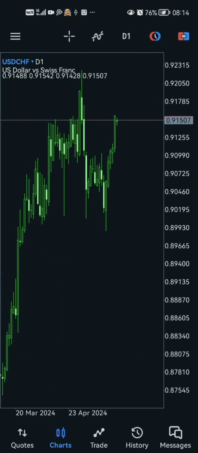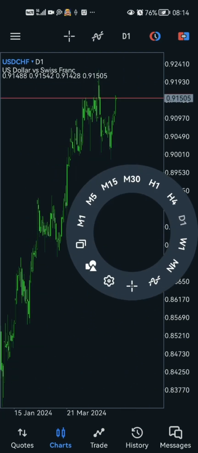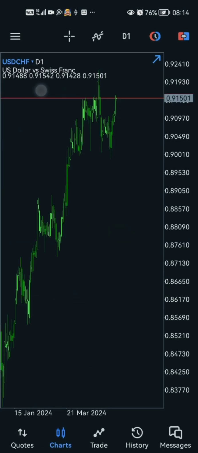So when I looked at the daily time frame, check this out. I want you to notice how the market has been going on a steady rise. It comes up, it's rally base, rally base, rally base, rally. You know, it's been going up.